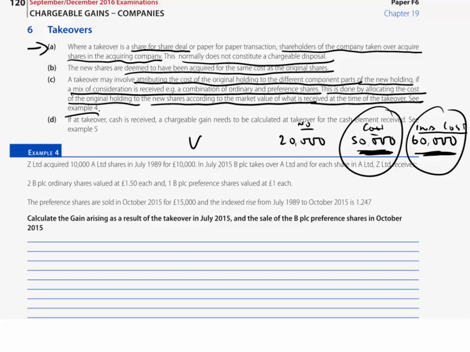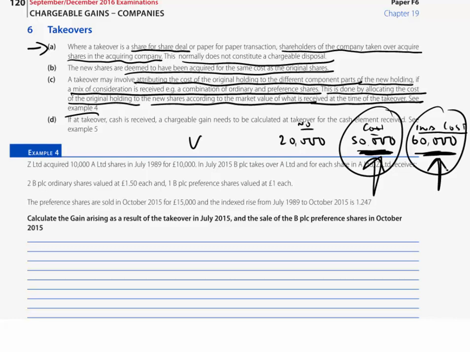So what that means is list out the market values of what you have received. How many ordinary shares, what are they worth? How many preference shares, what are they worth? And you then use that as a basis for splitting out your cost figure in your what was still then an A plc share pool, and if provided, the index cost.